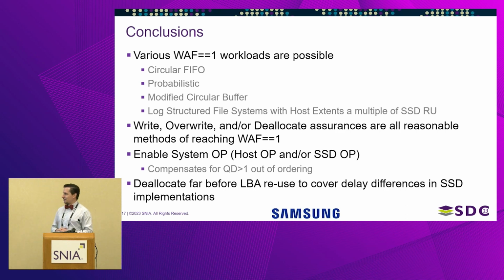I gave many examples of why to advocate for SSD OP and reduced host utilization, and also recommended deallocations before LBA reuse as a positive thing to do if you're going to be sending deallocations to the drive. And that's my presentation. If there are any more questions.